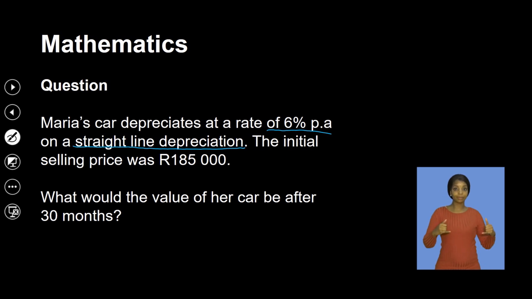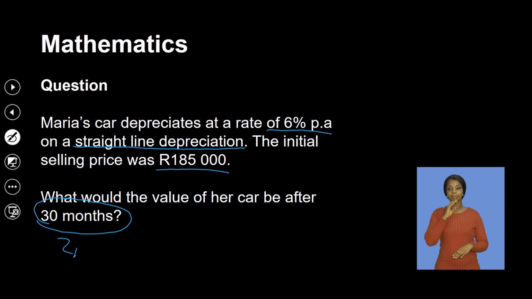The initial selling price was that, right? But we know that she actually paid 25% of that. What would then the value of the car be after 30 months? Now, look at this. We are no longer talking about 60 months. We're talking about 30 months, meaning this is 2 years and 6 months, which is 2.5.